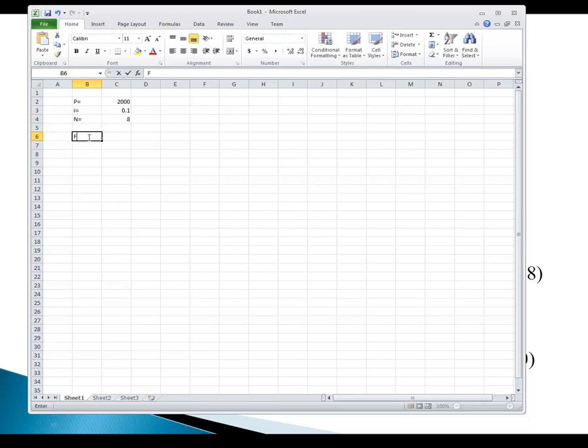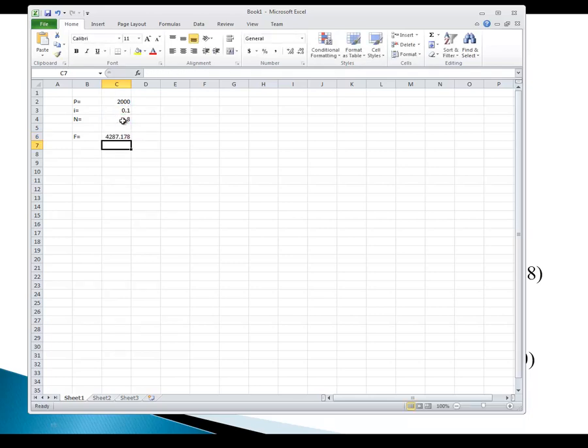If we would like to find the future value F, we can again use the mathematical method: 2000 multiplied by (1 plus the interest rate) to the power n.